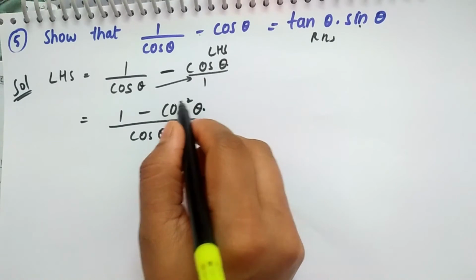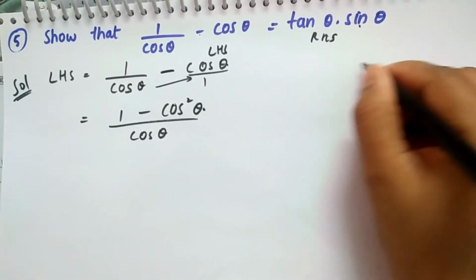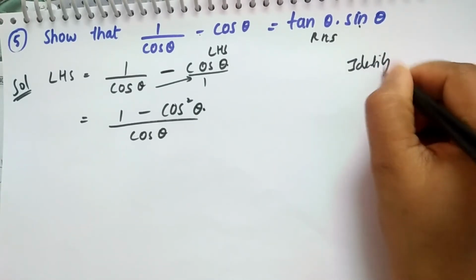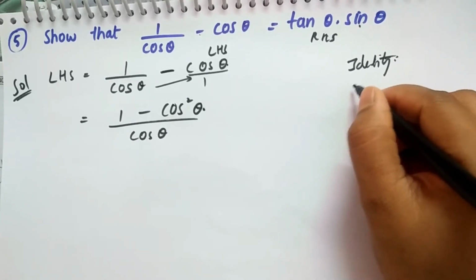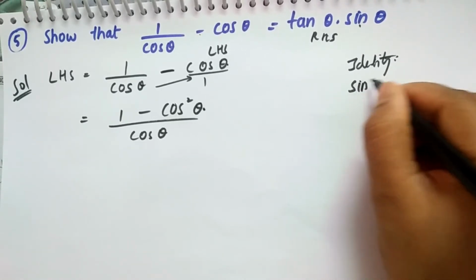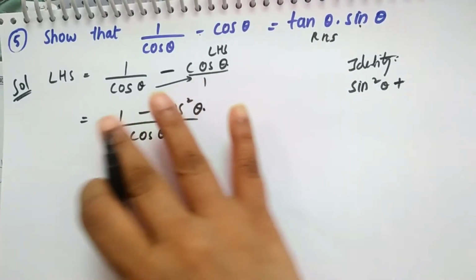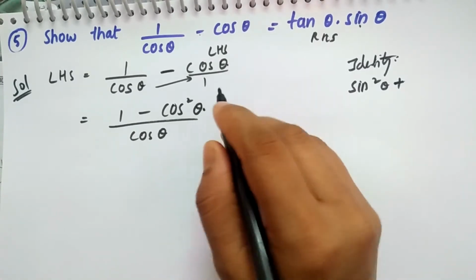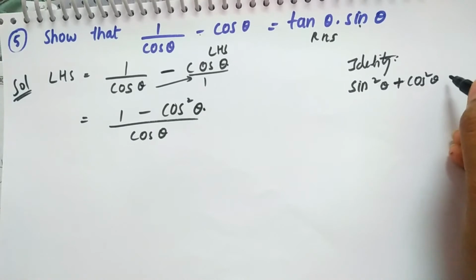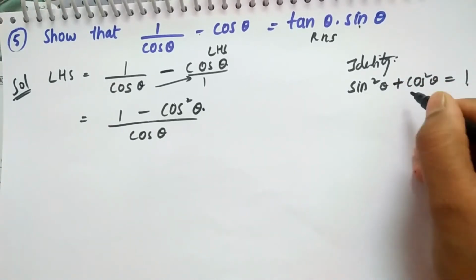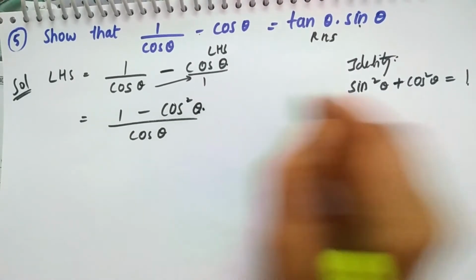Seeing this, anytime you get a square term, you should first go and check the identity. Do we have any identity pertaining to cos square and sine square? Yes, we do. What is that? We should just learn one thing, and directly you can find out another value. Sine square theta plus cos square theta is 1. This is the identity we know. But what is given here? It's cos square theta, right?